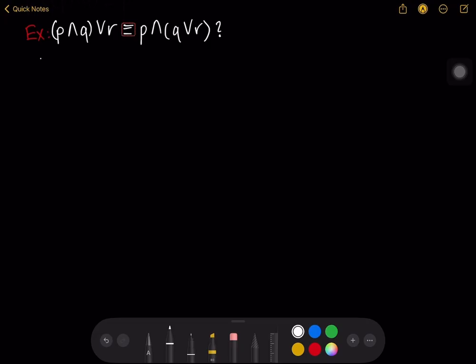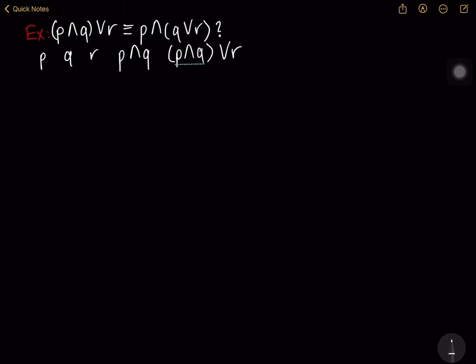So we have P, Q, and R. And then the parentheses, so P and Q. And then the whole left statement here, we have P and Q or R. For the right side, the parentheses first, we have Q or R. And then the whole right side statement.